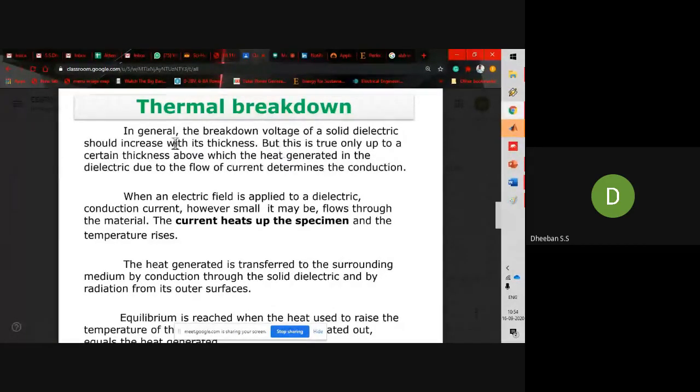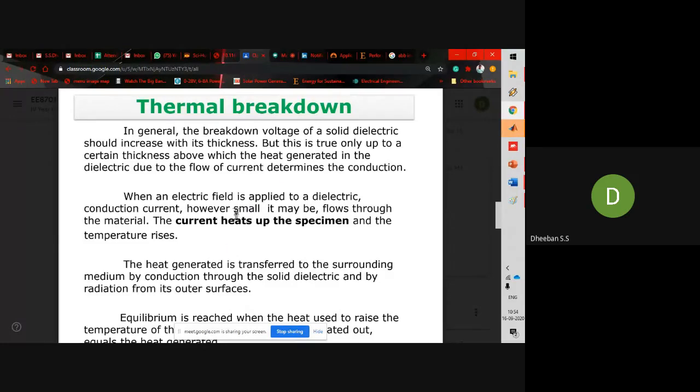The heat generated in the dielectric due to flow of current determines the conduction. So what they're saying is that when an electric field is applied to the dielectric, conduction current, however small it may be, flows through the material.